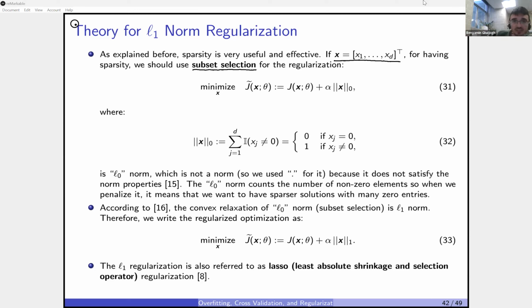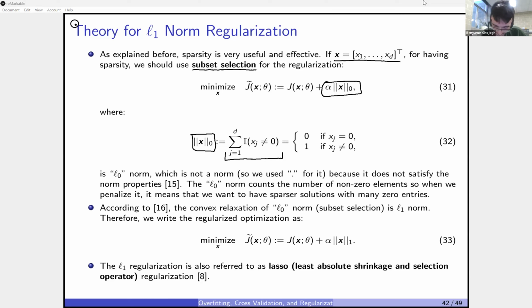So we minimize J tilde equals J plus alpha times the x0 norm. What is subset selection? It's defined as this. The penalty, I'm setting it to be the norm x0. It's defined as this, the summation of the number of elements which are not zero. So it is the count, the number of non-zero elements. If x has, for example, 3 non-zero elements and the rest d minus 3 zero elements, then this quantity will be 3.